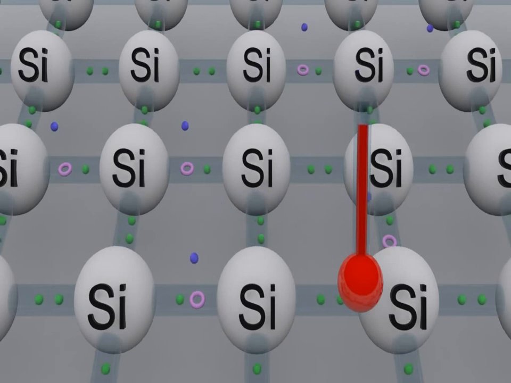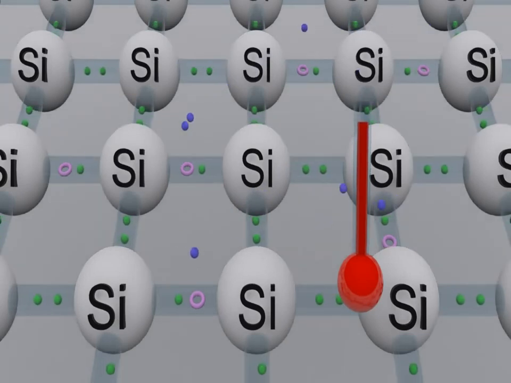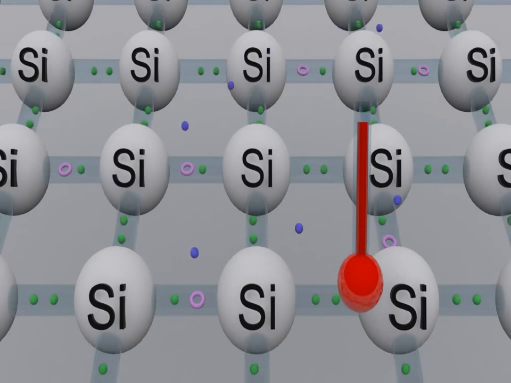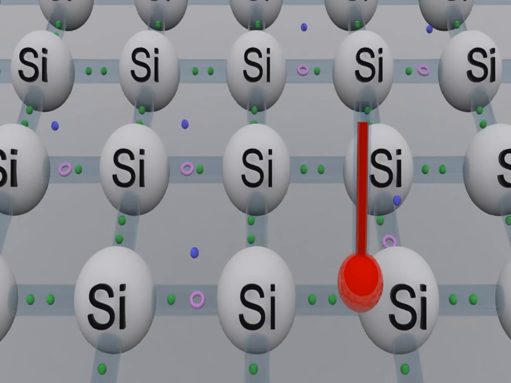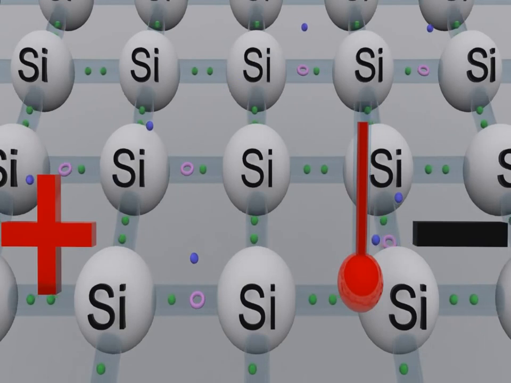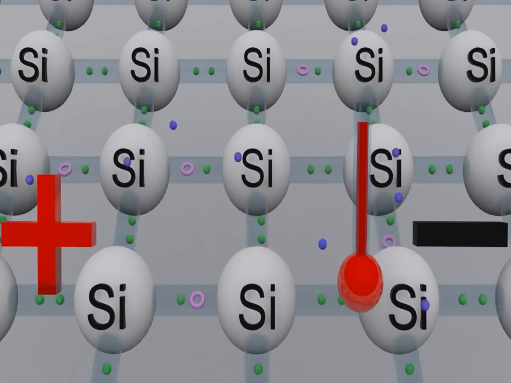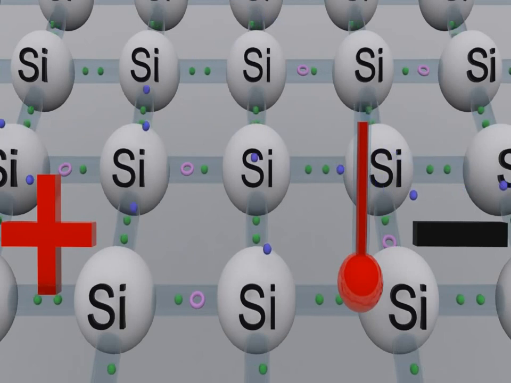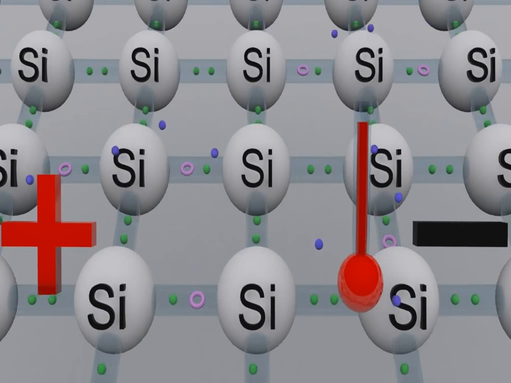Their movement here is pretty random. But if you apply a potential difference or a voltage, that is, make one side plus and one side minus, the electrons will migrate towards the positive charge and away from the negative, and that's conduction. So the hotter a semiconductor such as silicon is, the higher its conductivity. Now that's different to metals.